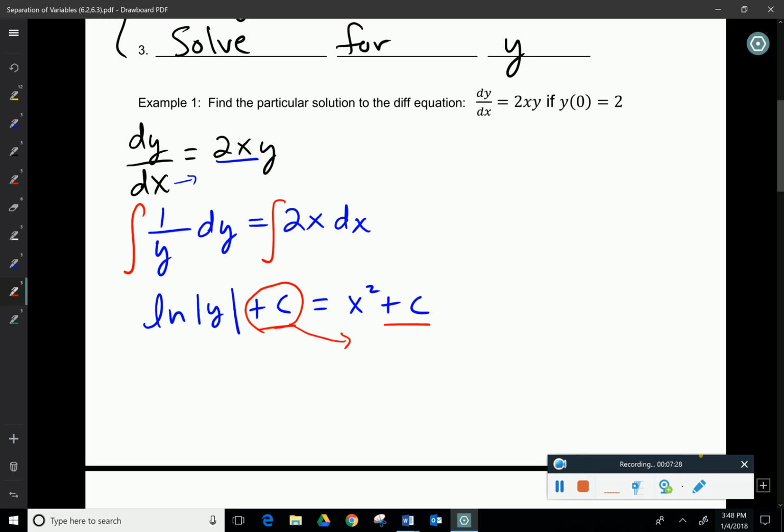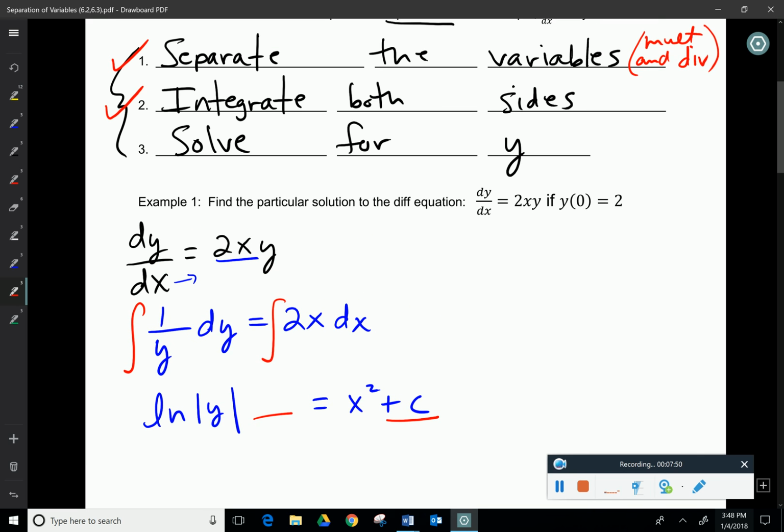But when I move it over here, I'm going to combine them into one constant. So from now on, instead of putting that plus c on both sides, I'm just going to always put it on the right side, and I'm going to assume that this plus c counts for the one on both sides being combined. So I have now integrated both sides.